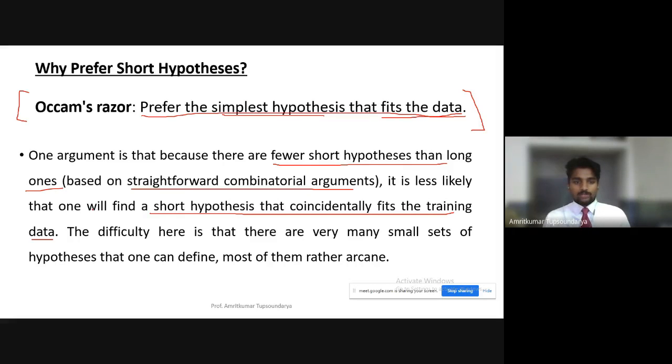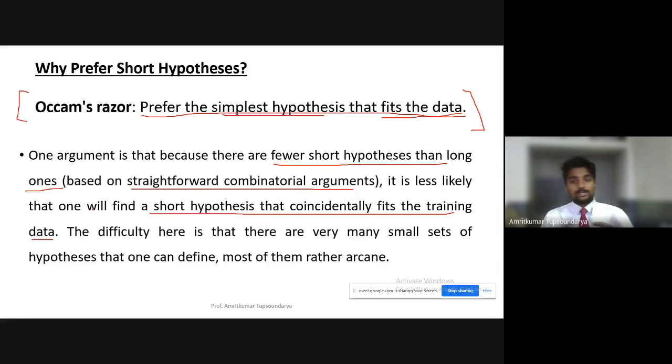Now the actual difficulty is that there is a very small set of hypotheses which can be defined, and most of them are arcane. By arcane, I mean hypotheses which are not understandable by everybody, kind of secret or not clearly understood. So from the whole set of hypotheses, first of all we have very few in number which are shorter compared to the longer ones, and at the same time few of those shorter hypotheses are understandable.